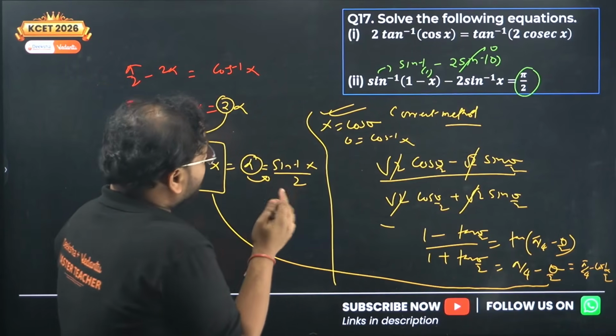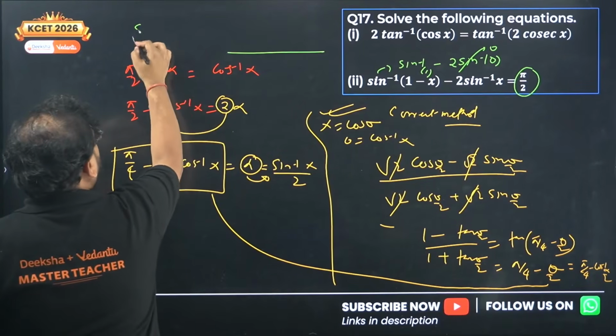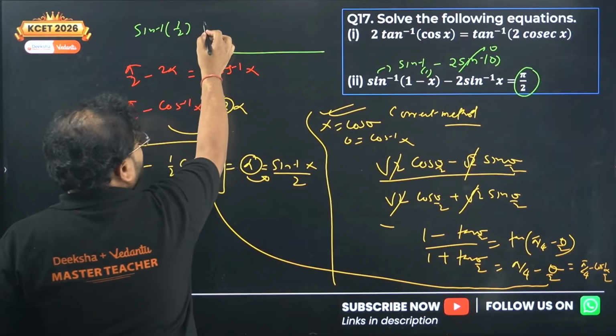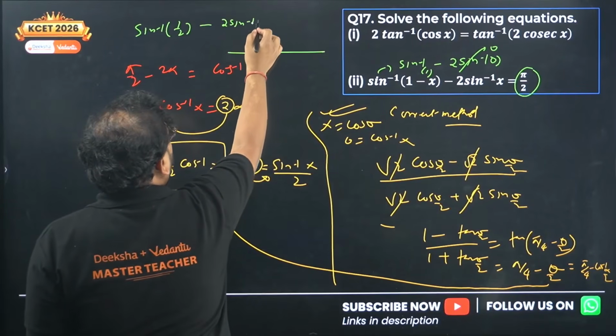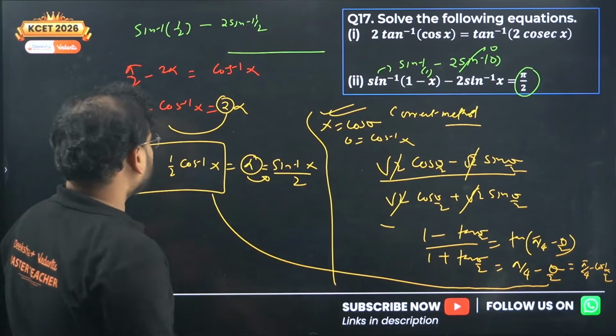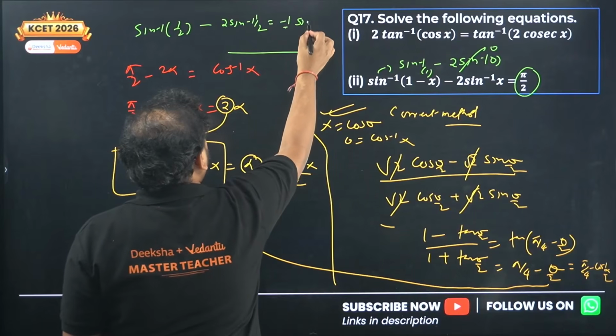So for 1 by 2 if I take, I'll get sine inverse of 1 minus 1 by 2 is how much? 1 by 2. And we get minus 2 sine inverse of 1 by 2. So I get here, this is same thing, no? So it's coming as negative value. Minus 1 sine inverse of 1 by 2.